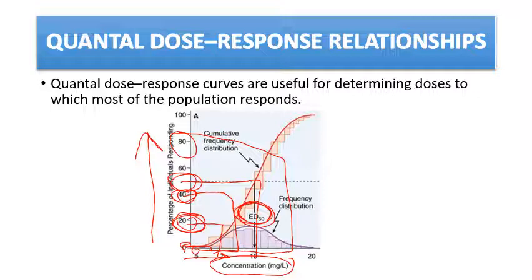This is called the quantal dose response curve, which is useful for determining doses to which most of the population responds. So we normally use a dose that is above ED50 to be sure that this dose will be effective in the treatment of specific situations.